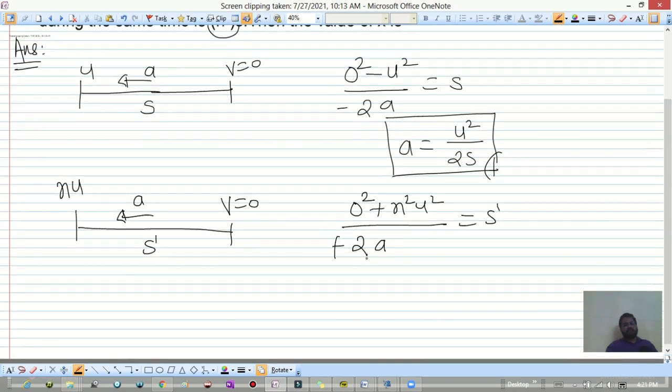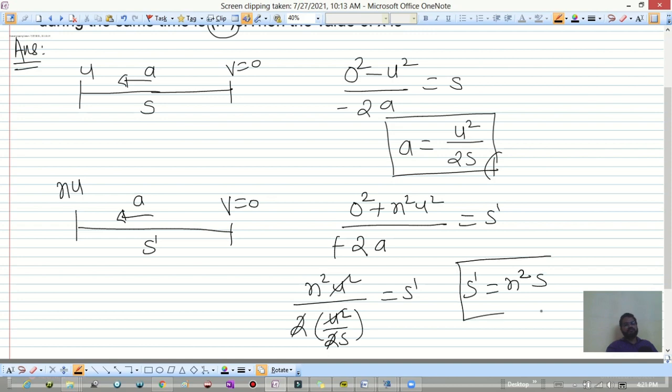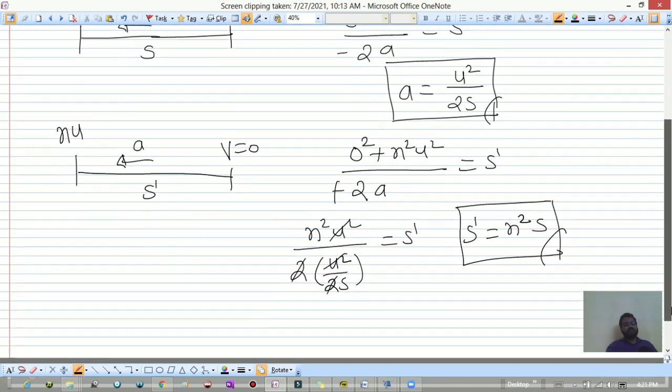So minus and minus gives plus, so n squared u squared divided by 2 into a, which is u squared divided by 2s, is equal to s dash. So u squared and the 2 will cancel. S dash is equal to n squared into s. So the minimum distance through which it can be stopped is n squared into s.